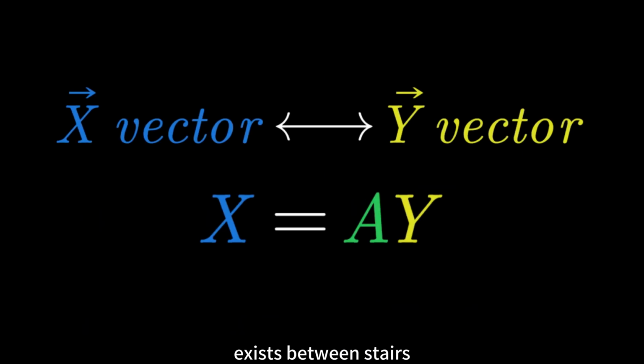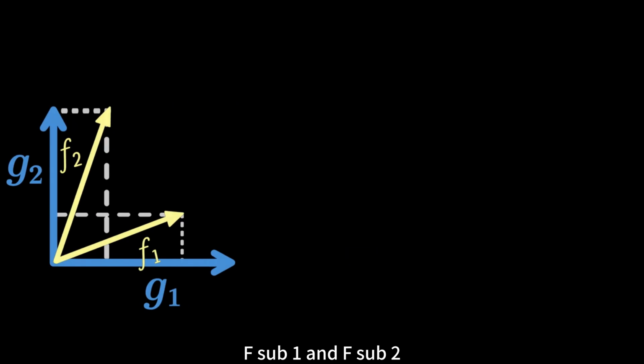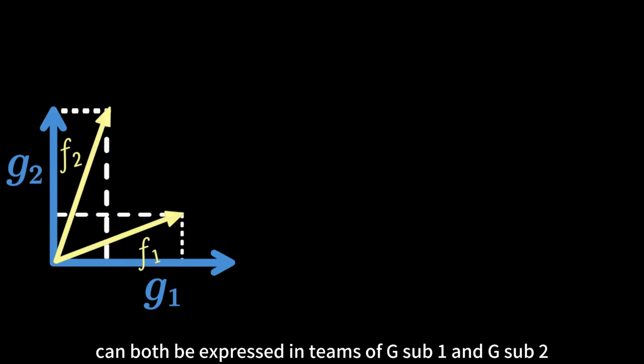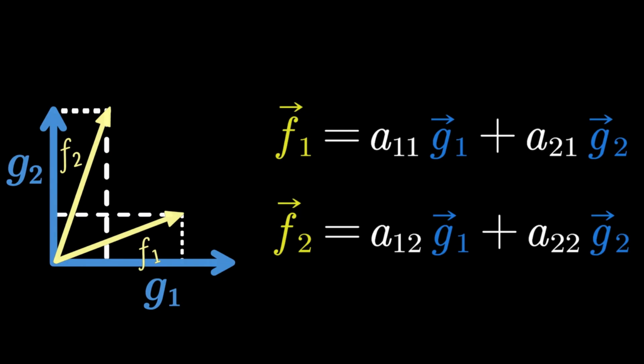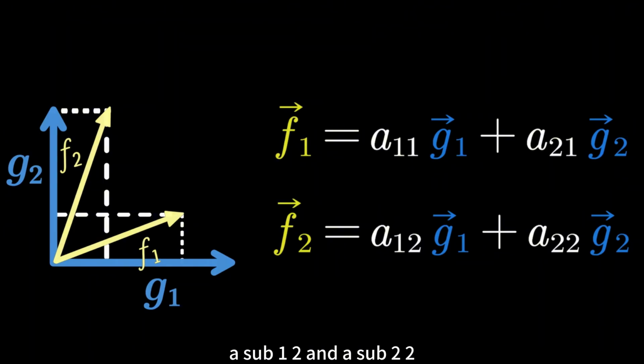We expect that a transformation exists between these two reference frames. We now begin with the base vectors. F_1 and F_2 can both be expressed in terms of G_1 and G_2. We can also obtain the values of A_11, A_21, A_12, and A_22 through geometric construction.